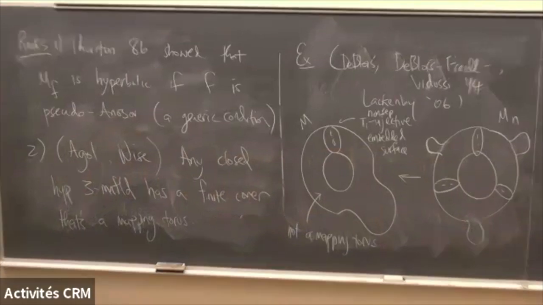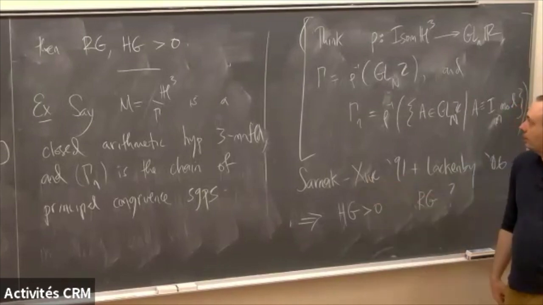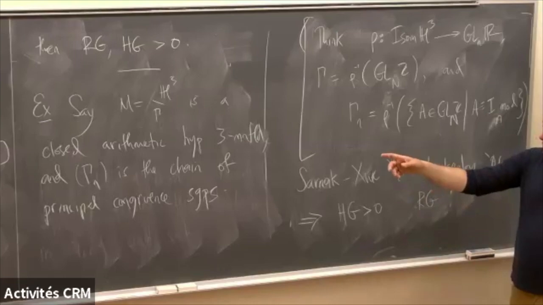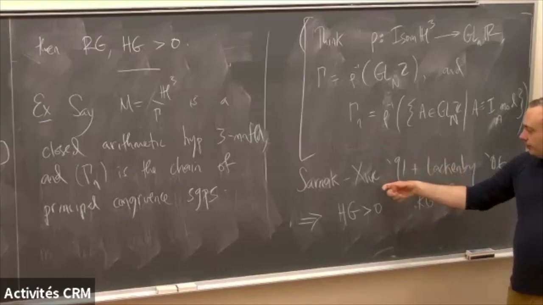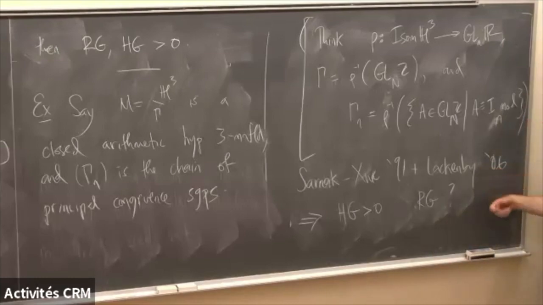The way that this breaks down here is that they show that the associated covers are expanders, and then Lackenby's work says that if you have an expanding tower of covers, then the Heegaard gradient is positive.